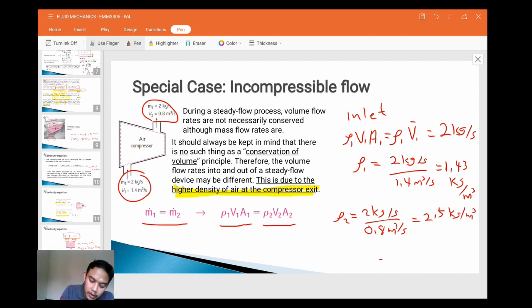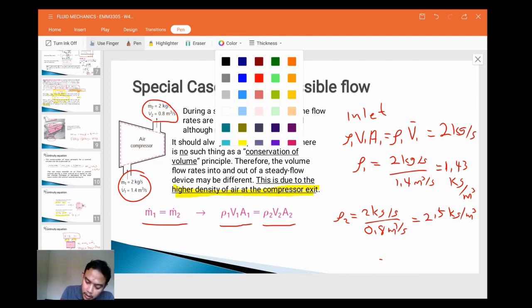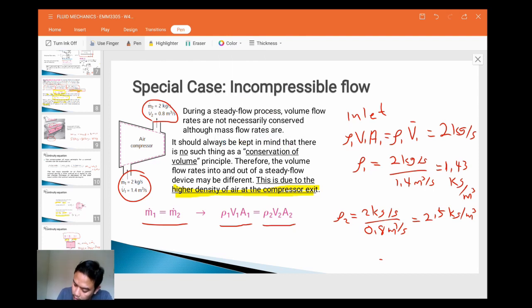Okay, from here it's proven that the density has changed from inlet to outlet. So it means that rho 2 has a higher density than rho 1. So it proves that the compressor increased the density at the exit of the compressor.